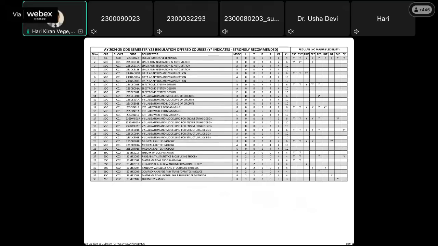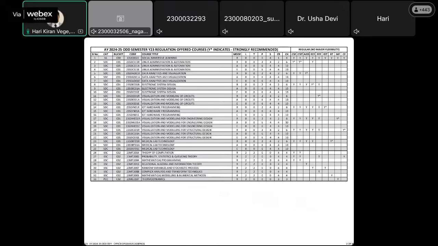A Y star indicates strongly recommended. So which course is strongly recommended for triple E students? There is a course called Visualization and Modeling of Circuits in the regular mode. Since I'm a regular student, Y star here is for the regular mode, right? So in regular mode, this course is the recommended course for triple E students.